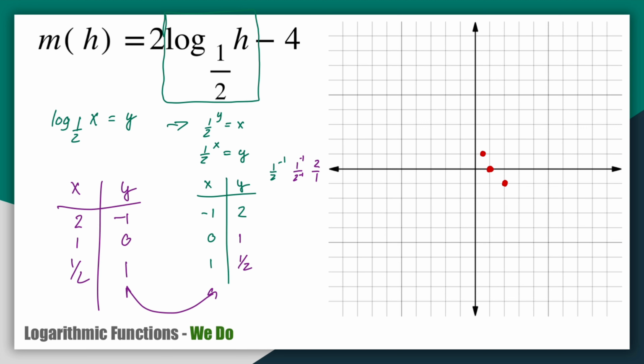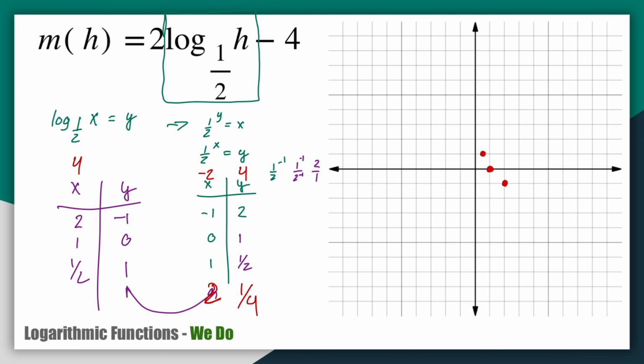Okay? So it's shaping up to look a little bit different here when we have that half as our base value. All right? If we think about this, if this was a 2 down here, and I plug that in, I would get 1/4. If I had a -2, I'd plug that in and I get a 4.